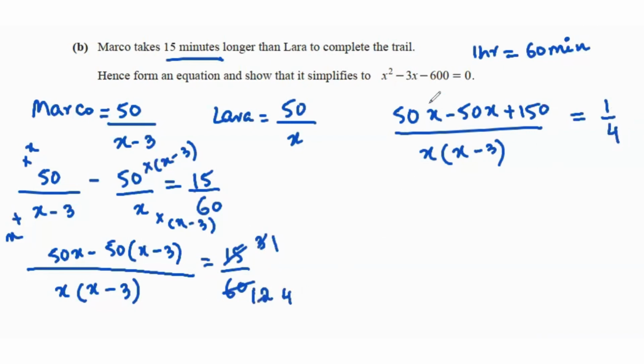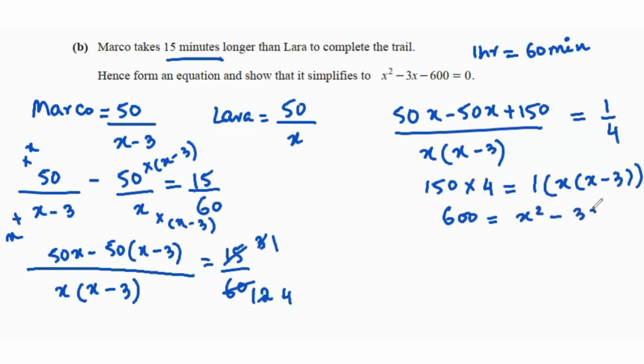So cross multiply: 50x minus 50x is 0. So 150 times 4 equals 1 times x minus 3. 150 times 4 is going to be 600 equals x squared minus 3x. 0 equals x squared minus 3x minus 600, which is what the question was asking us to prove.